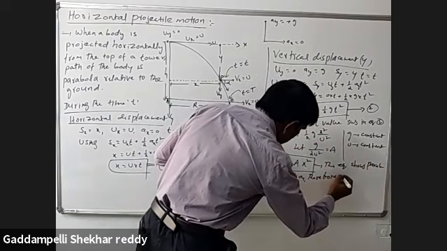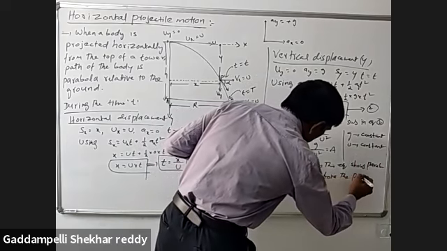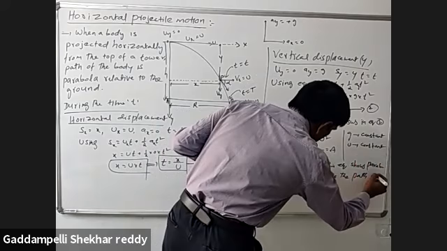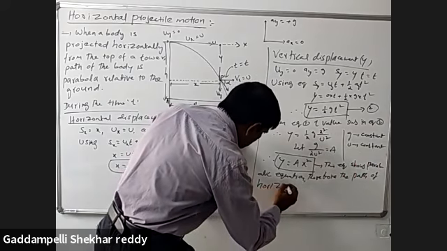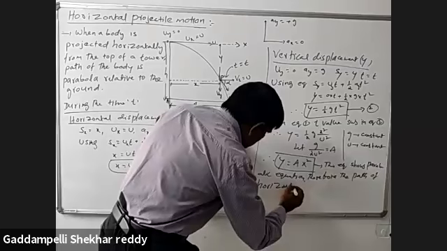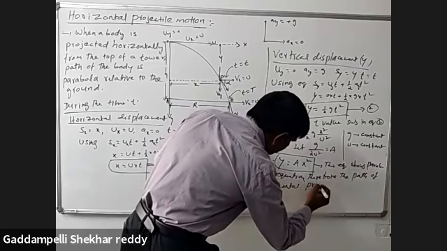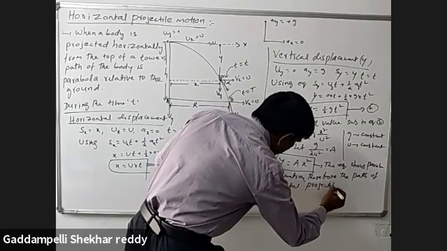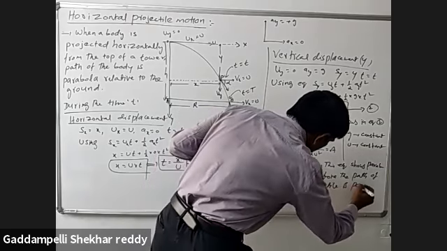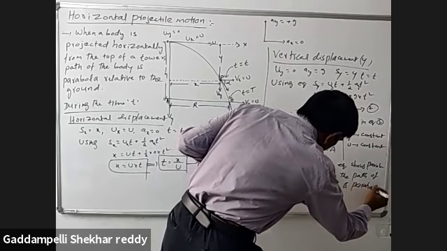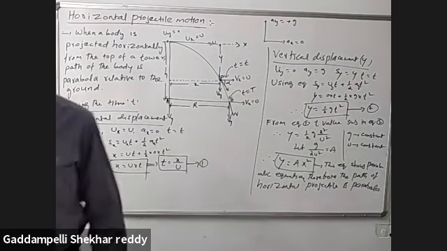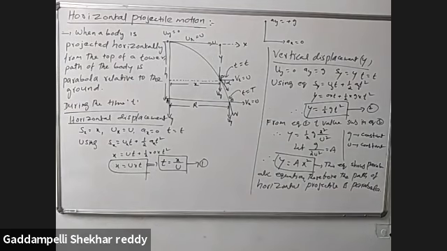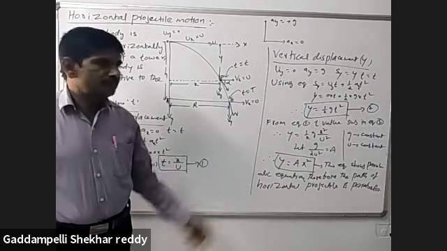Therefore, the path of a horizontal projectile is a parabola.